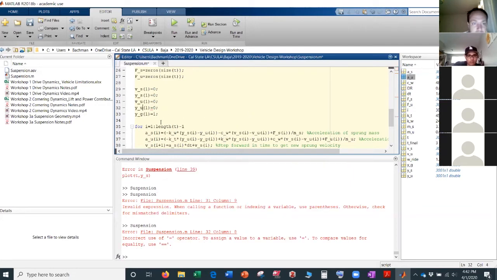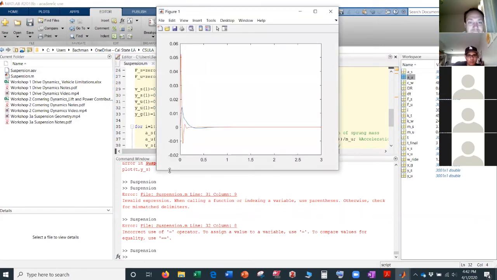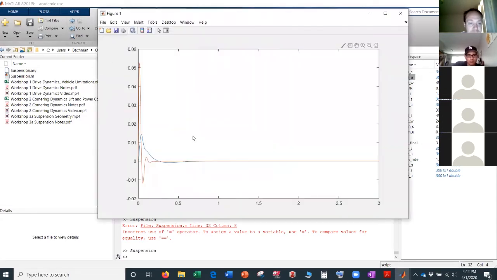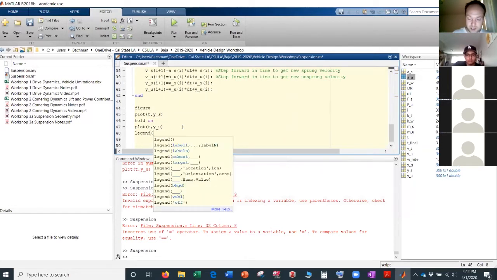Too many equal signs. Okay, here we go. Here's our suspension moving. All right, so let's put a legend on here. The first one is the sprung, and the second one is the unsprung.